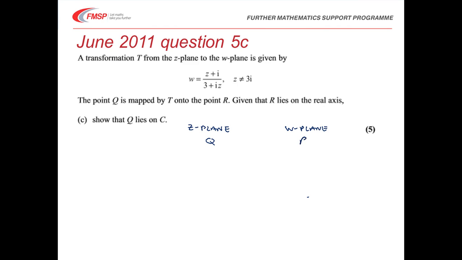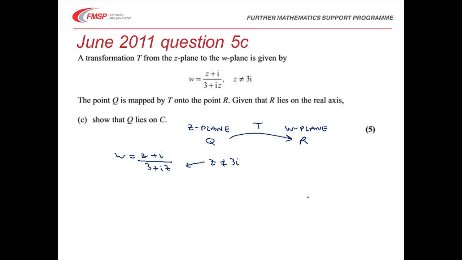That is going to map Q onto R. And the thing that's mapping Q onto R is the given transformation T. That given transformation is defined by W is (z plus i) over (3 plus iz). And you can see that we mustn't let z equal 3i, otherwise the denominator would be 0.